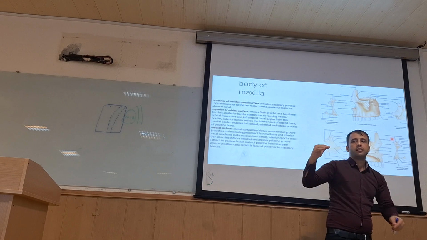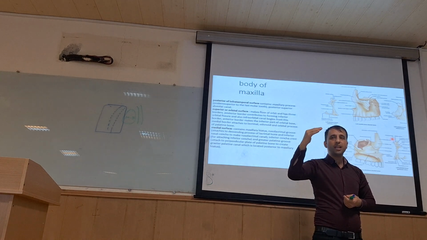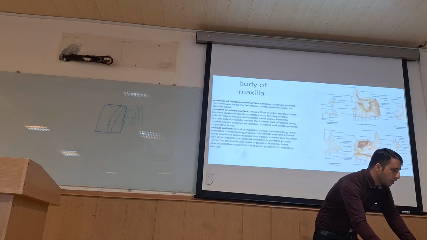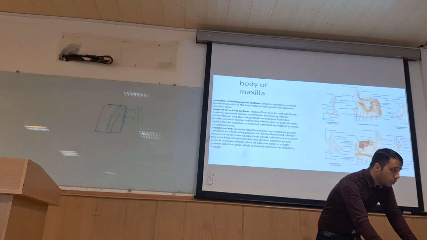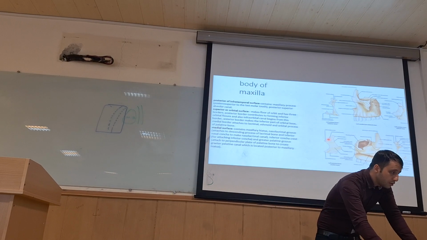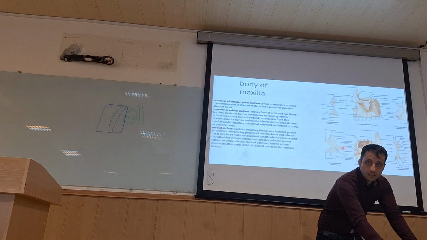Another structure in the medial surface of the maxilla is conchal crest. Look at here. It is conchal crest. Also, look at the perpendicular plate of palatine bone. Also, it has another crest, which is named conchal crest.